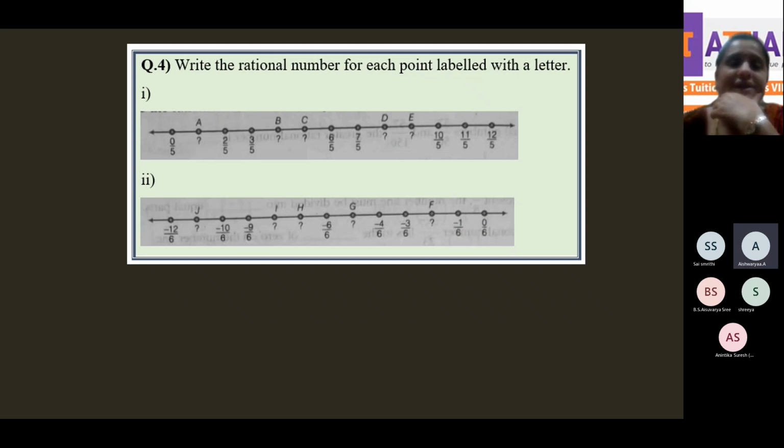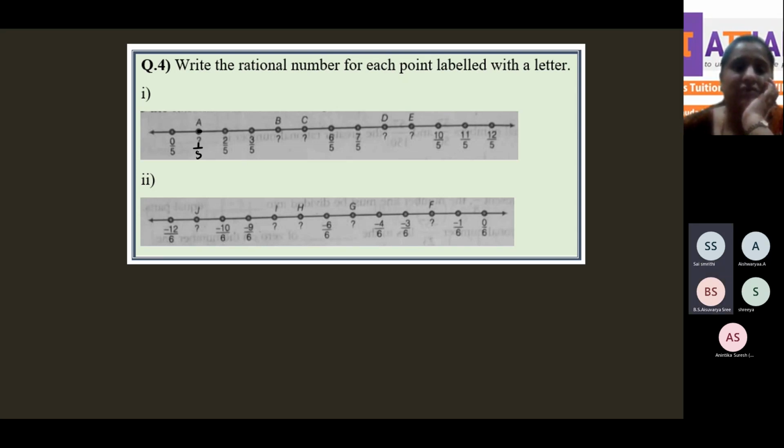Write the rational number for each point labeled with a letter. Yeah, this one, children. What is A? 1 by 5. This one? 4 by 5.